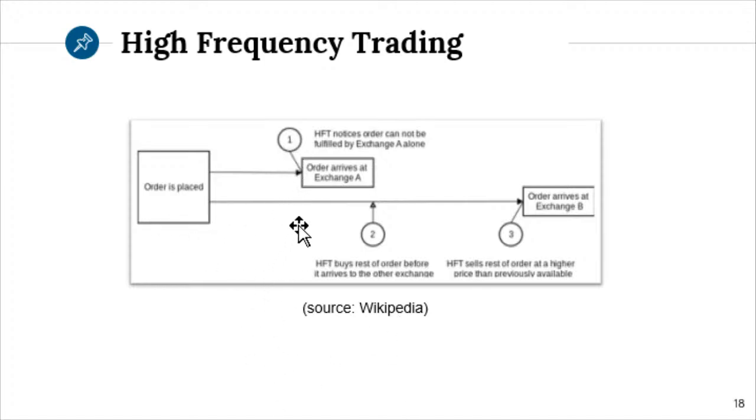This is why most of their servers are sitting on the floor of the exchange or right outside the building, because they want to intercept your order and have the fastest response rate.